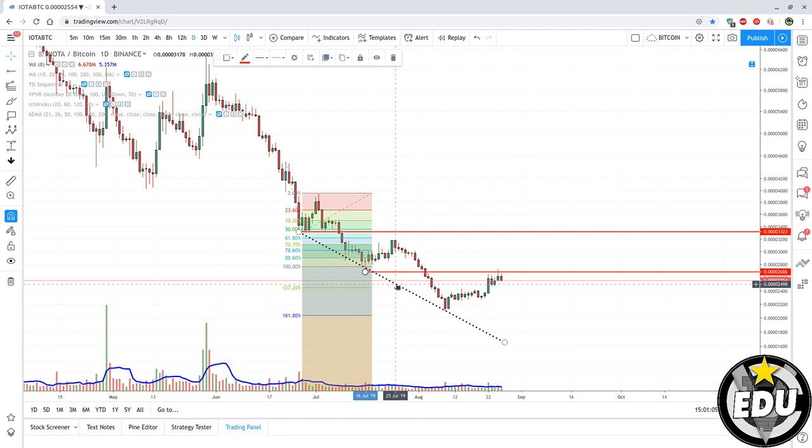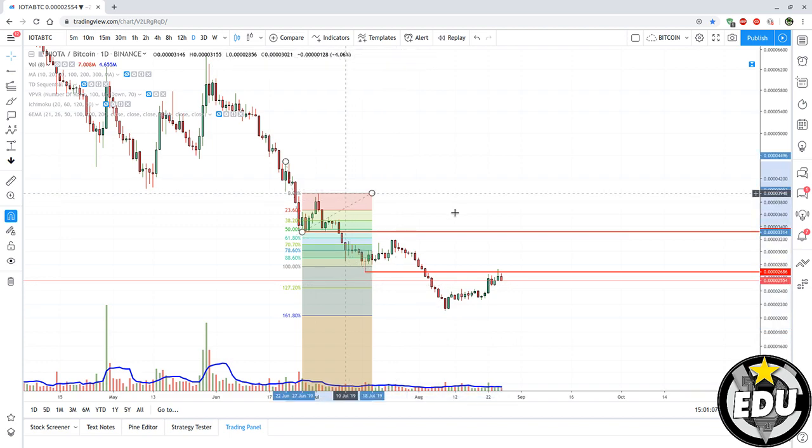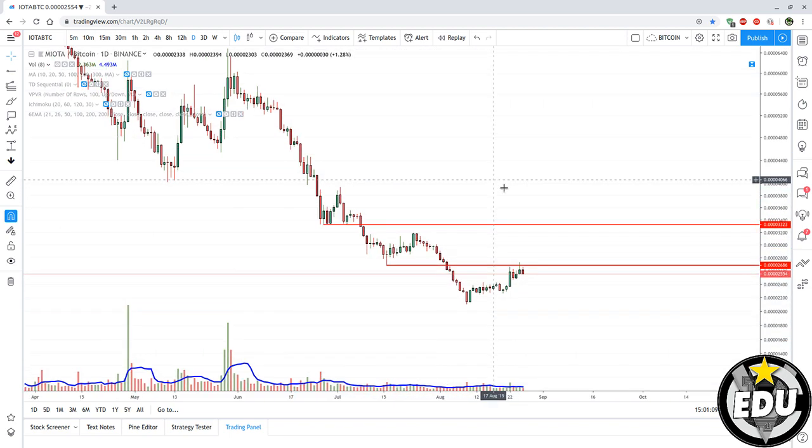Okay. And the reason why the price always comes back to test the previous low is also because of the moving averages. When something drops, the price reverses to the moving average every time.